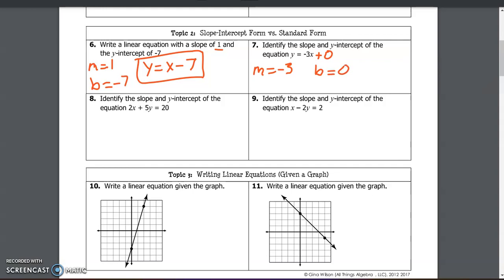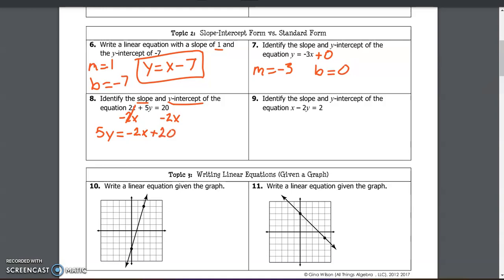Now on number 8, I have to do this one a little different. It's in standard form, so I need to change it to slope-intercept form so that I can find the slope and the y-intercept. First thing I'm going to do is subtract 2x from both sides. Then those cancel out. So now I just have 5y equals -2x plus 20.